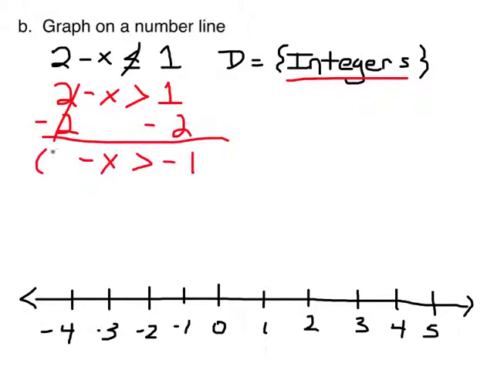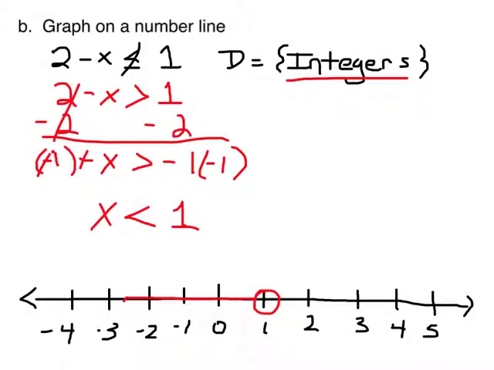Then when I multiply both sides by -1, I get rid of this negative sign, and it's just going to be x. I'm going to flip this, and -1 times -1 is +1. So x is less than 1. It does not include 1, so I'm going to have an open circle.